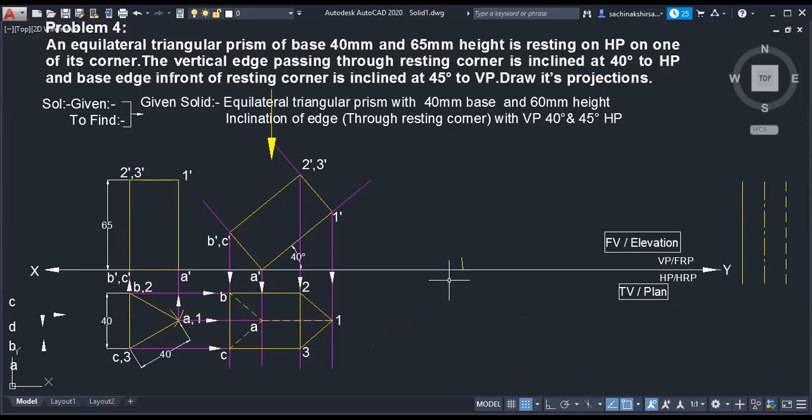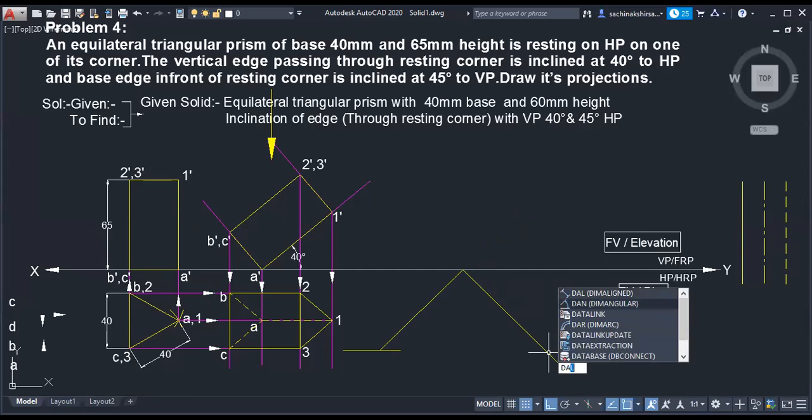So here I will draw one line which will make, suppose, so let us see whether both lines are making a 45 angle or not.